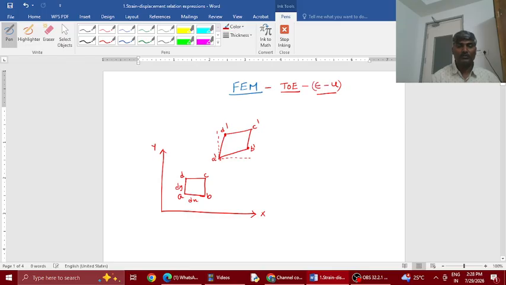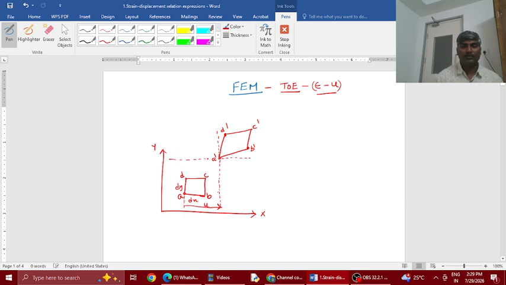Let us say this A dash is at u displacement from A. So A dash is at a distance u. So this is u displacement, x directional displacement.